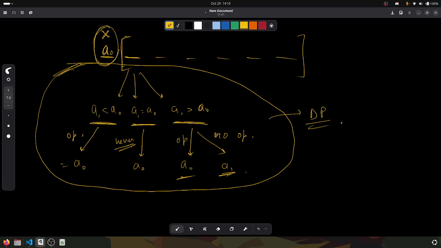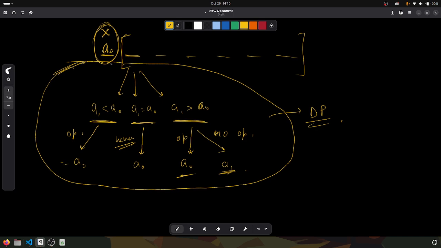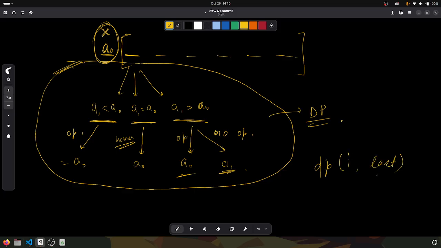Last value is the only value that you are concerned with. Values before that we don't really care. So what we can do is we can define a state like this, i comma last. What this will store is the answer from ith index till nth index, with last being the value at the last index.